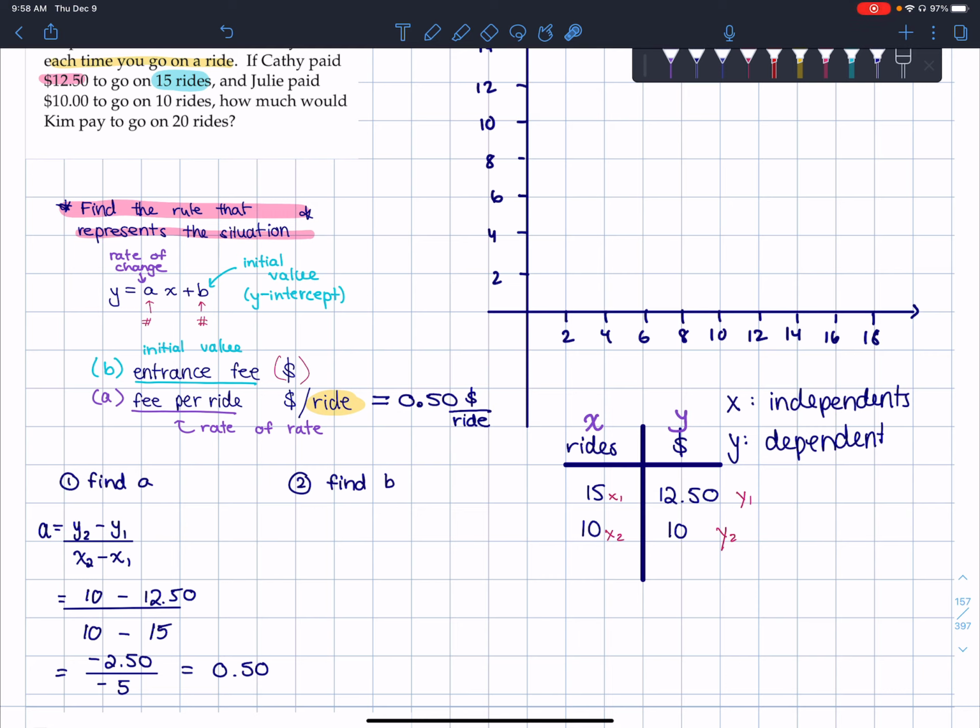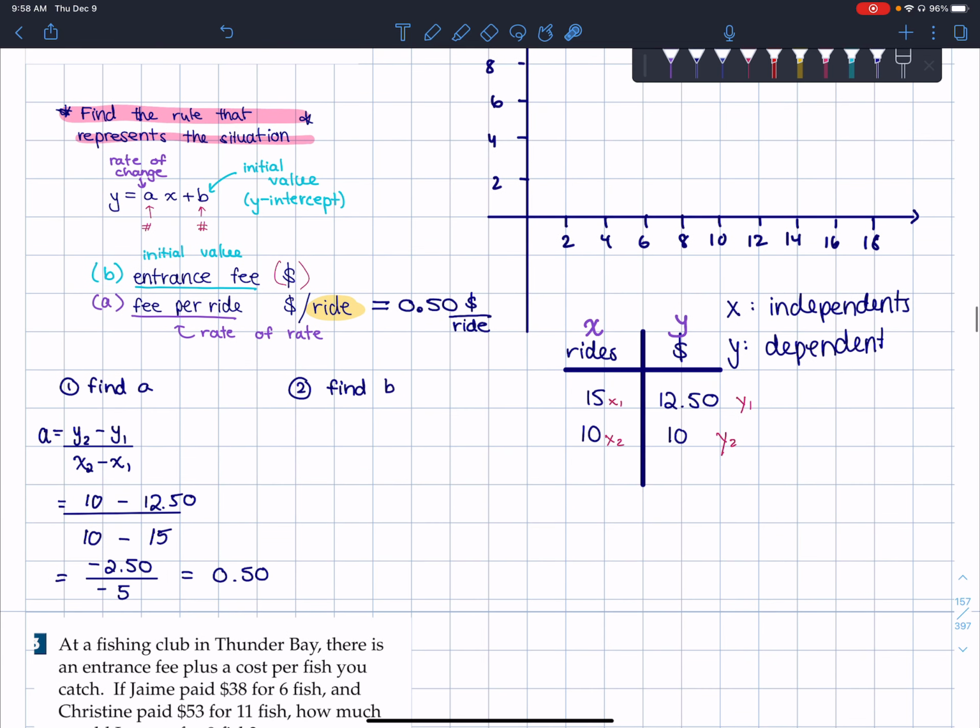You are essentially working backwards to find what the entrance fee is. And the entrance fee is the same for Kathy and for Julie because they went to the same amusement park. They simply paid different amounts because they went on a different number of rides. But the entrance fee had to be the same for both of them. So that's why it's completely up to you which one you choose to work off of.